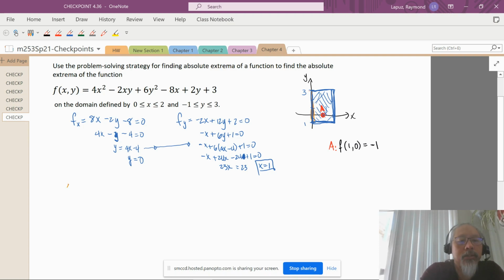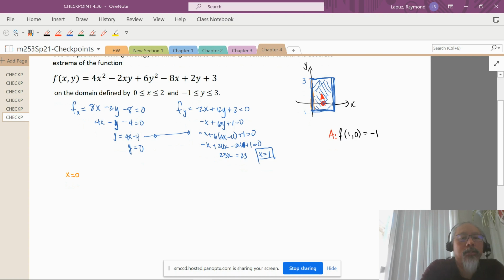That seems like a good place to start. When x is equal to 0, we'll put that into the function, and we'll end up getting a function of y. So we get 6y squared plus 2y plus 3. That is our function.